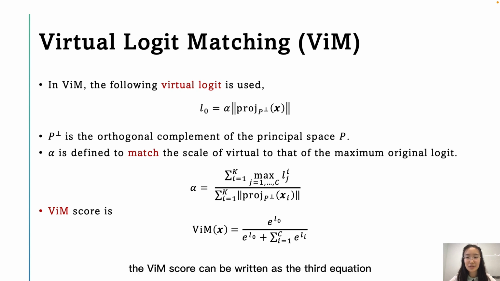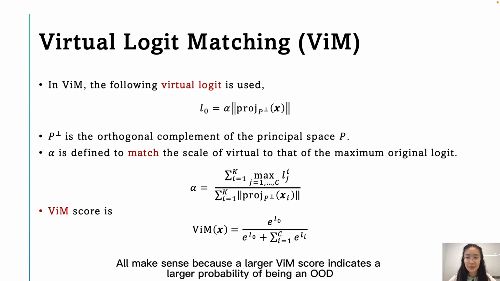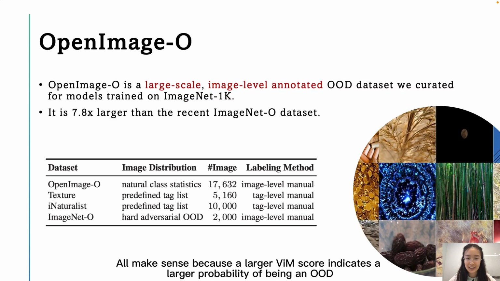And finally, the ViM score can be written as the third equation. We can see that a larger virtual logit L0 or a smaller original logit Li both lead to a larger ViM score. All makes sense because a larger ViM score indicates a larger probability of being an OOD.